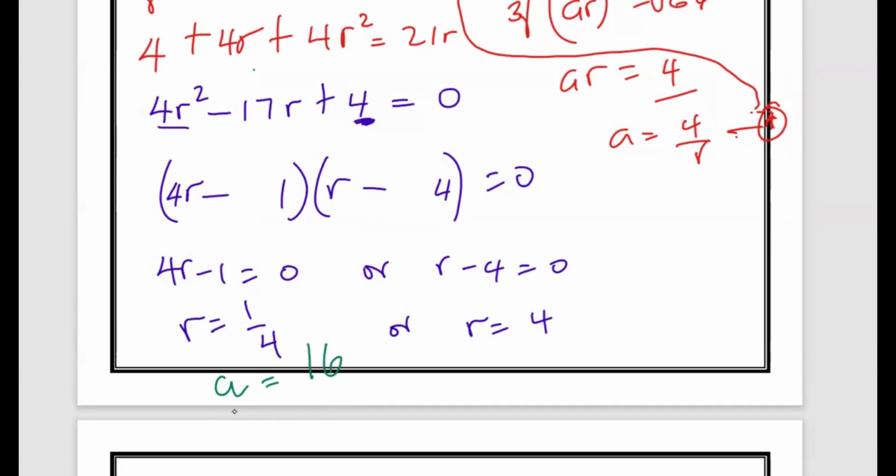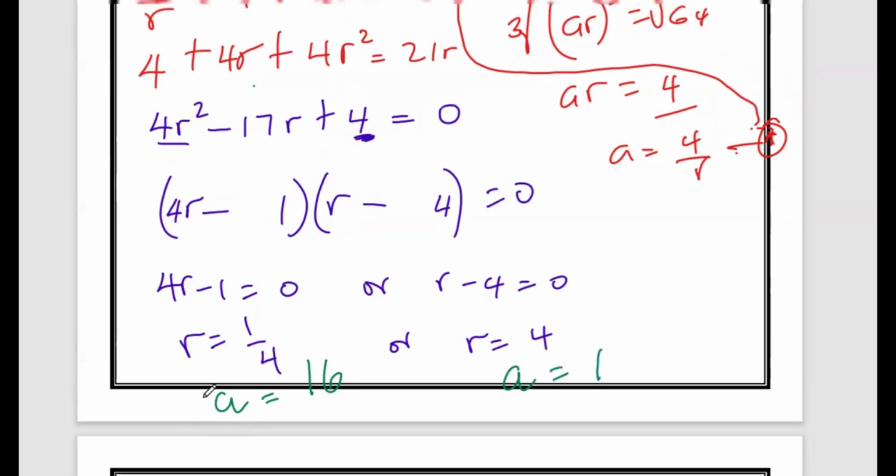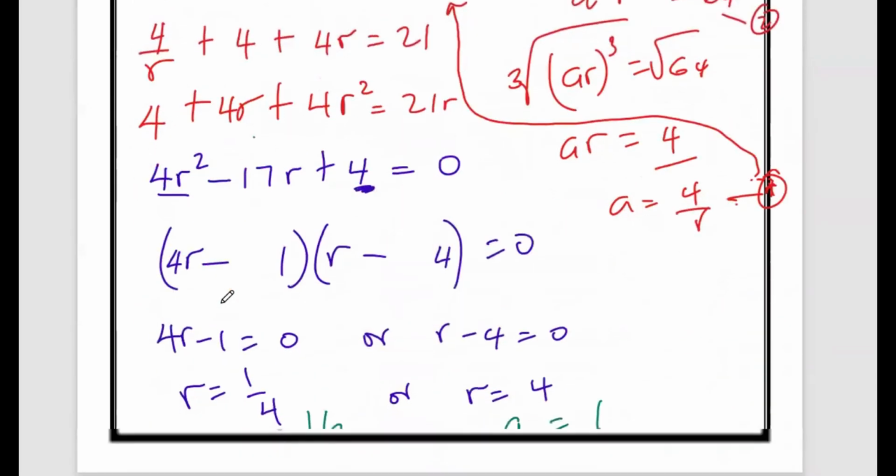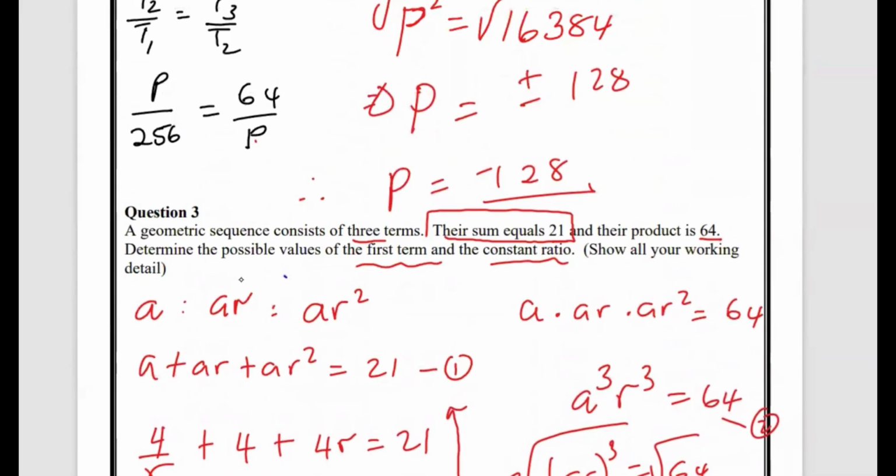And if R is 4, then A is 1. In this case, we don't have to test to see which one satisfies, so chances are high we can have a scenario where A is 16 and R is 1 over 4, and also A is 1 and R is 4, and they'll still give us the same conditions of 21 and 64.